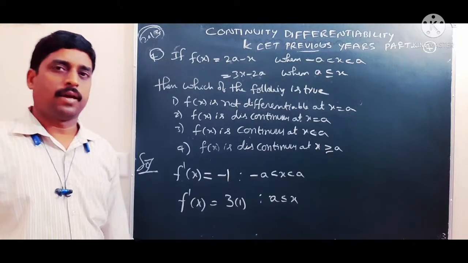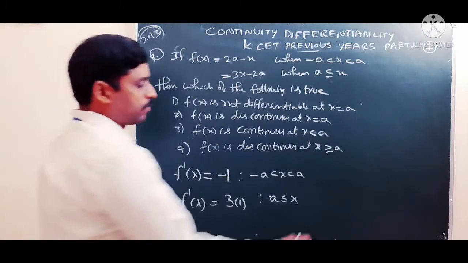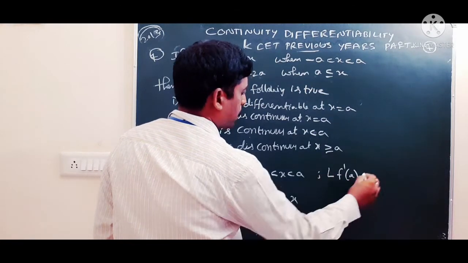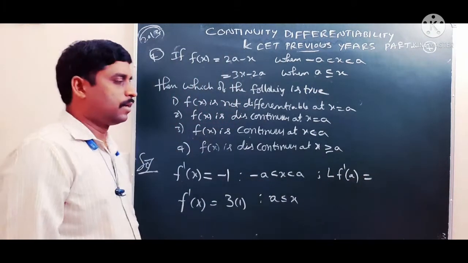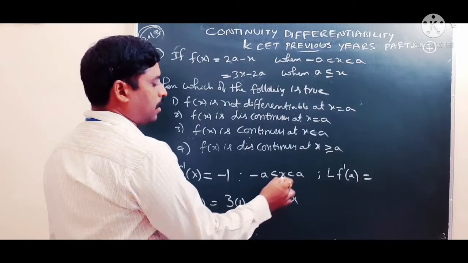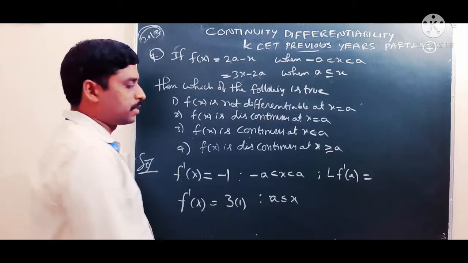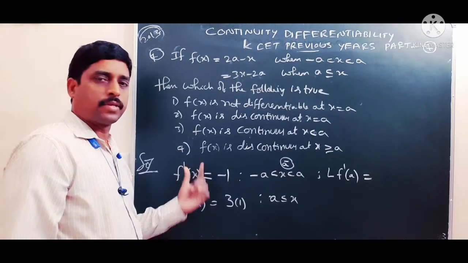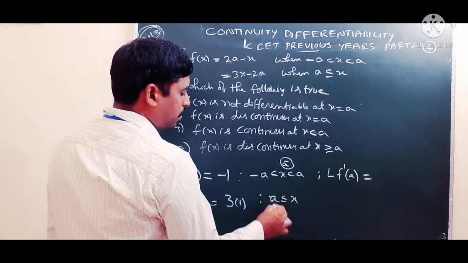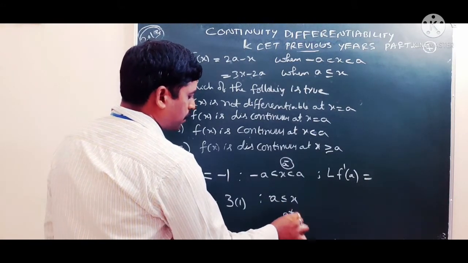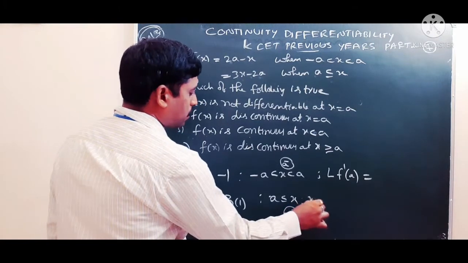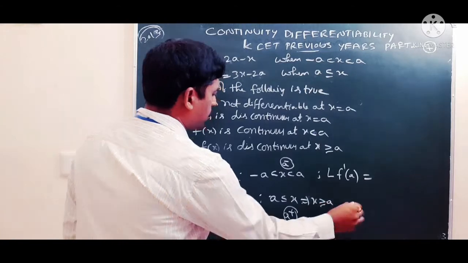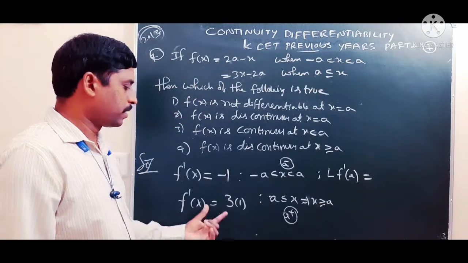First we have to find the left hand derivative and right hand derivative at a. For the left hand derivative, x lies between minus a and plus a. Numbers less than a satisfy the first condition, and numbers greater than a satisfy the second condition.